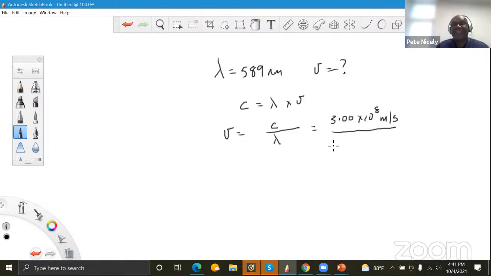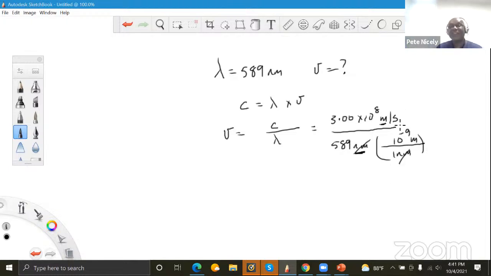And the wavelength is equal to 589 nanometers. However, because we have meters here, we have to convert the nanometer unit to meters. So we're going to have 1 nanometer down here, and up here we're going to have 10 to the minus 9 meters, because that's the relationship between the meter unit and the nanometer unit. So the nanometer units will cancel out, and the meter units will cancel out.